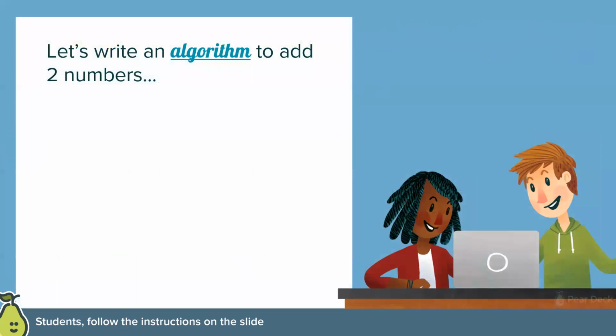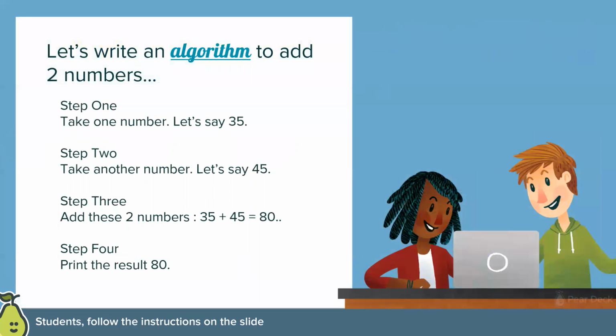Now let's write an algorithm to add two numbers. Step 1, let's take a number. Let it be 35. Step 2, let's take another number. Let it be 45. Now, in step 3, we are going to add these two numbers. 35 plus 45, we are going to get the result 80.